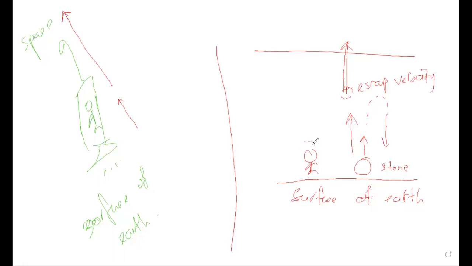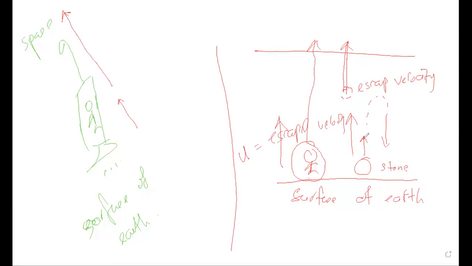This means that if we want to launch a satellite or an astronaut without any rocket or without using any fuel, we throw the astronaut. Once we throw, the initial speed must be equal to the escape velocity, so that we can throw the astronaut directly from the surface of the Earth to space.